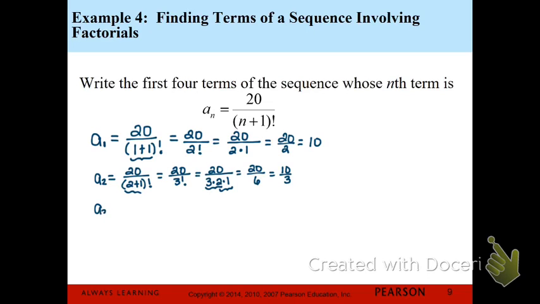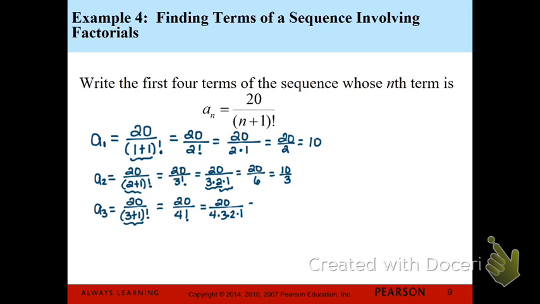All right. So a sub 3. What is my n for my third term? 3. All right. So 20 over 3 plus 1 factorial. So then, what is 3 plus 1? 4. Now I need to write out that 4 factorial, which is 4 times 3 times 2 times 1.